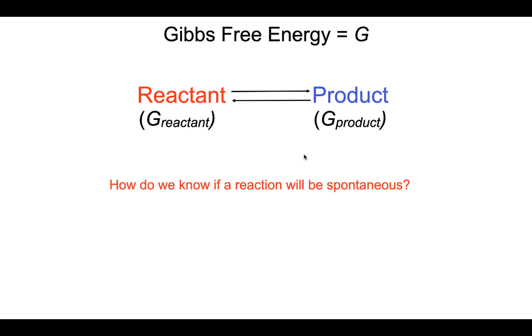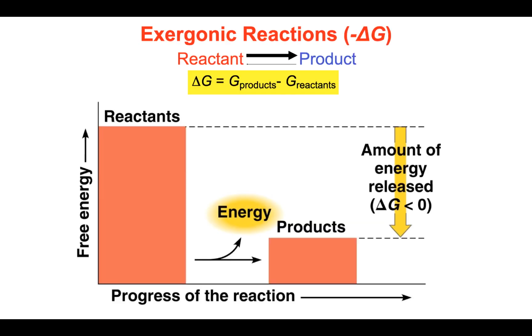Well, remember, reactions always run towards the lower energy. So if we know that the G of the product is lower than the G of the reactant, we know this reaction will run. So we make ourselves a little equation. We call that the delta G, and the delta G is the energy of the products minus the energy of the reactants.